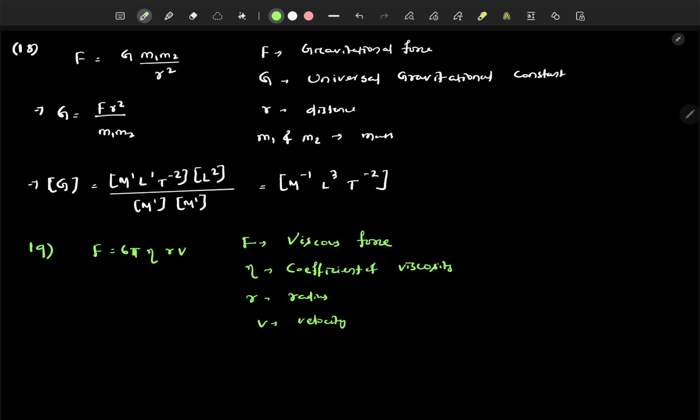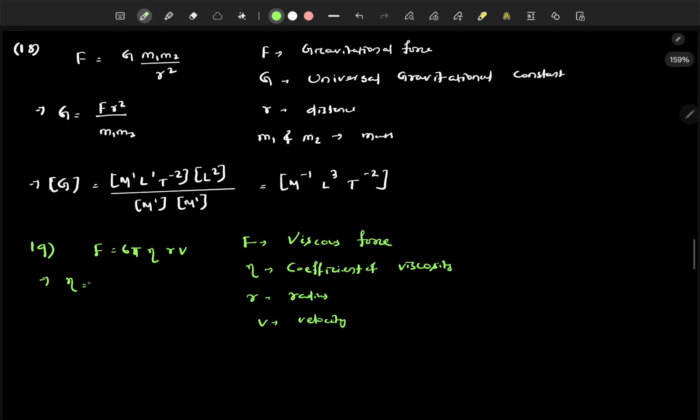So from the formula we can write the η value is equal to F divided by 6πrv. So what is the dimension of η? Dimension of η is dimension of force, that is M¹L¹T⁻², divided by 6π, which is a number having no dimension, radius is L¹, and v is L¹T⁻¹.